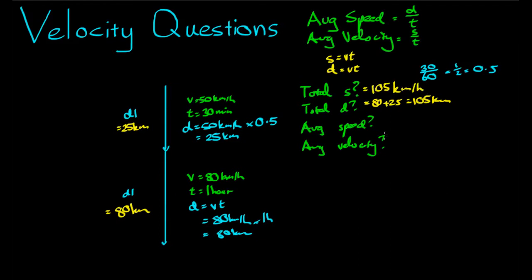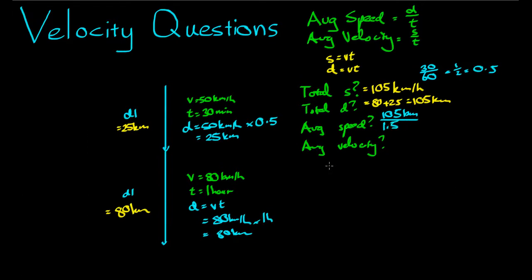Now let's work out the average speed. The average speed is equal to the distance travelled over the time. Well, the distance travelled is 105 kilometers, and the total time taken to travel would be 30 minutes for the first leg and 1 hour for the second leg, so a total of 1.5 hours.